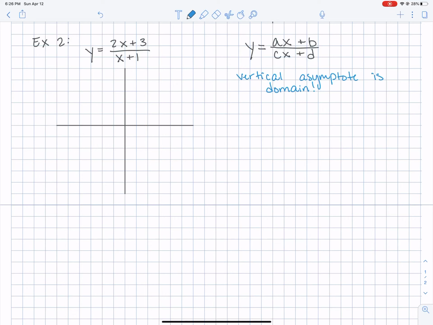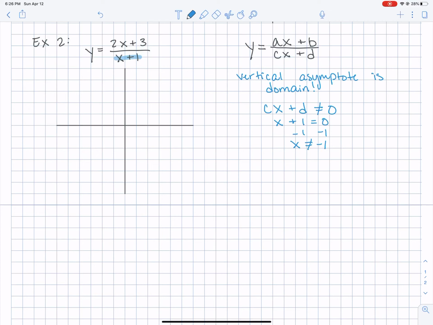So for us, we would know that cx plus d cannot be 0. Or if you want to go ahead and set that equal to 0, for us, when we have this one, I'm going to highlight it in blue, it's x plus 1, meaning that x plus 1 cannot be 0, minus 1, x cannot be negative 1.